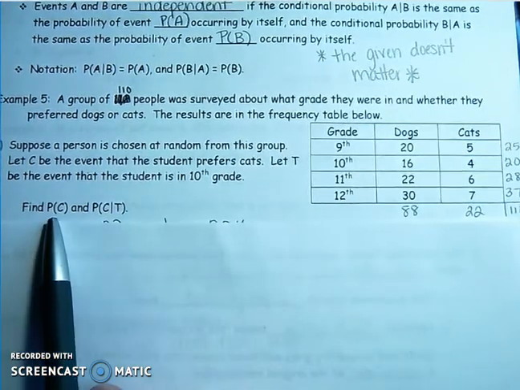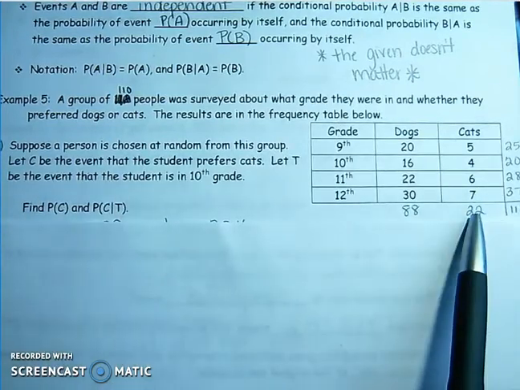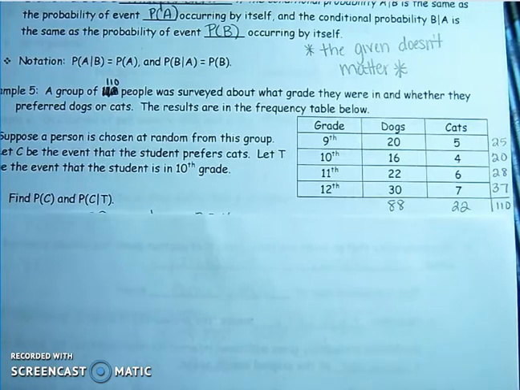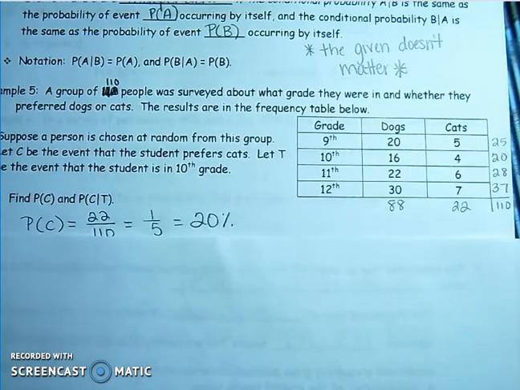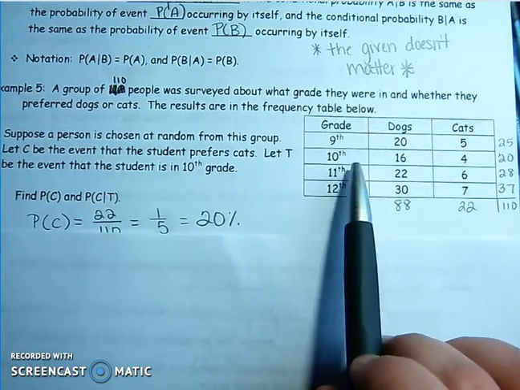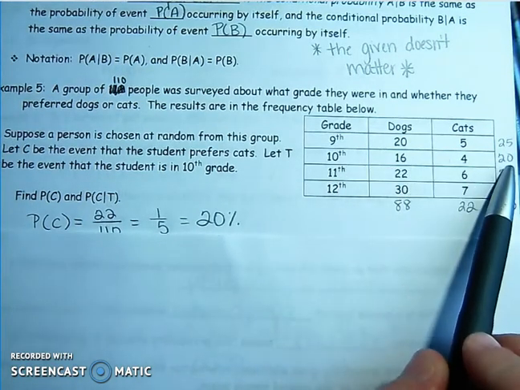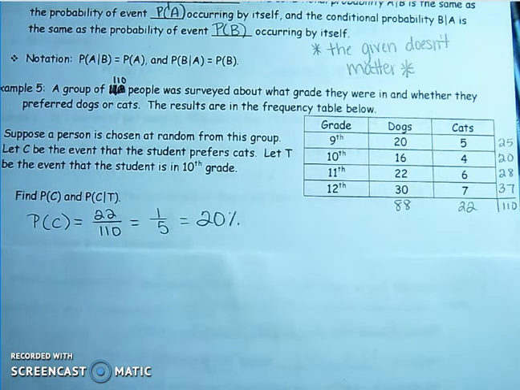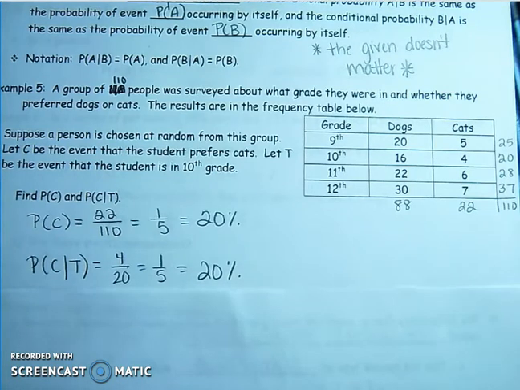So first we're going to find the probability of cat. Well, there are 22 people that own cats out of the 110. So that gives me 1/5 or 20%. The probability that a person has a cat given that they're in 10th grade, so we know that they're in 10th grade, so that's out of 20. 4 of them have cats, so 4 out of 20 is 1/5 or 20%.